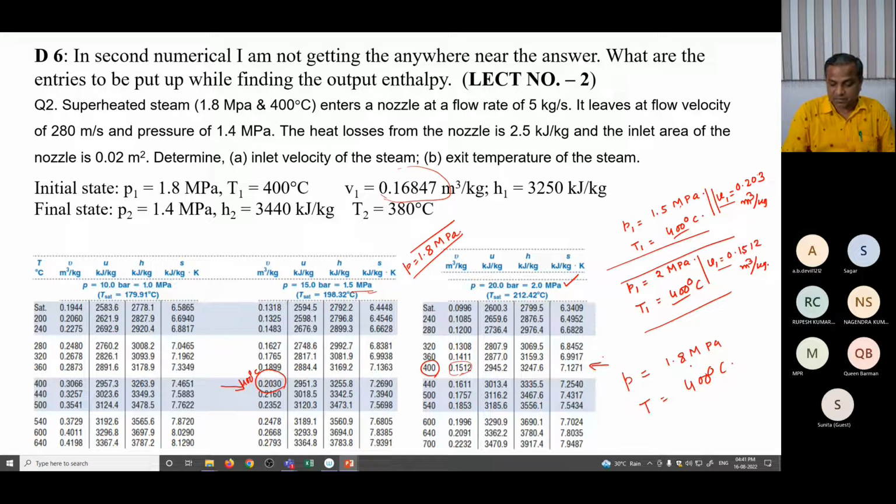Based on this, we can take this number. A similar process we can follow for enthalpy as well. In the same way as calculating the initial state, we can find the final state at 1.4 megapascal and h2 as 3440. Temperature was approximately estimated to be 380 degrees centigrade. This is how linear interpolation works in the steam tables.